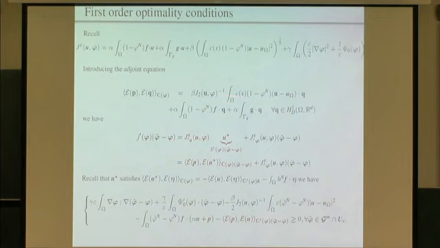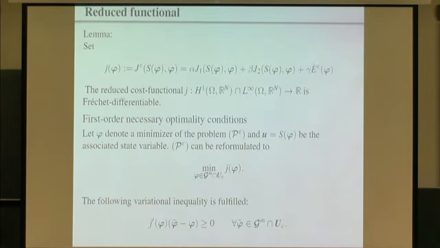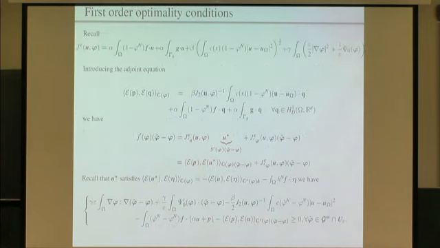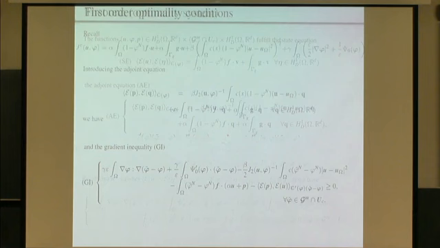Similar to what Klaus mentioned earlier, we introduce an adjoint equation, with this adjoint variable p which solves the following equation, and we can look at the derivatives in the direction of phi tilde minus phi. What we end up with is that this expression is equivalent to the following gradient inequality that holds for phi, u, and our adjoint variable p.